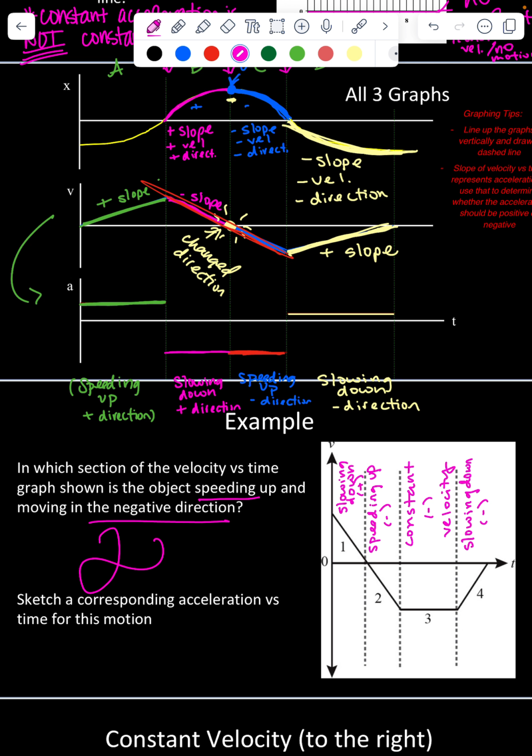All right, the next thing that it asks us to do is to sketch an acceleration versus time graph for this motion. We're going to draw the full acceleration versus time graph because we do have both negative and positive slopes. So we have plus, 0, negative.